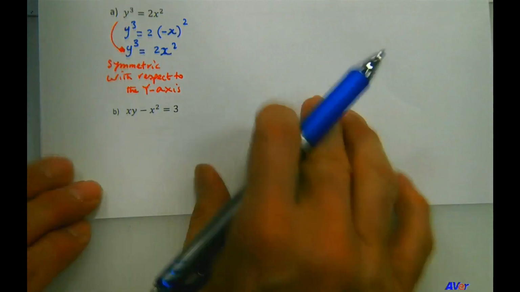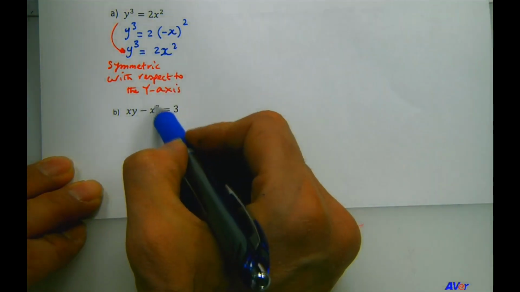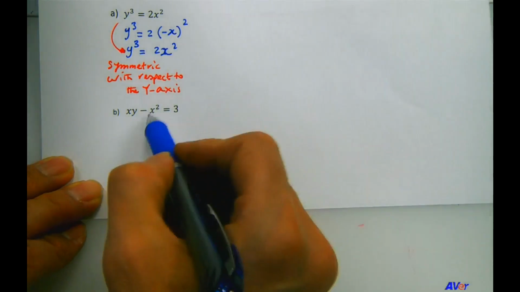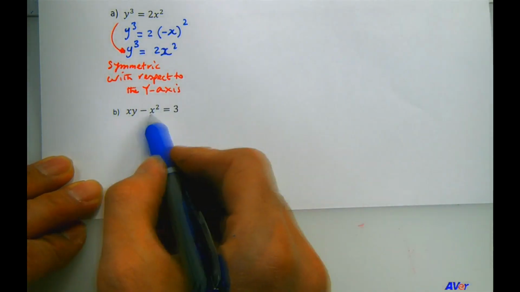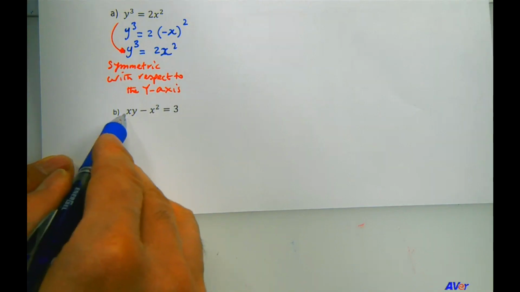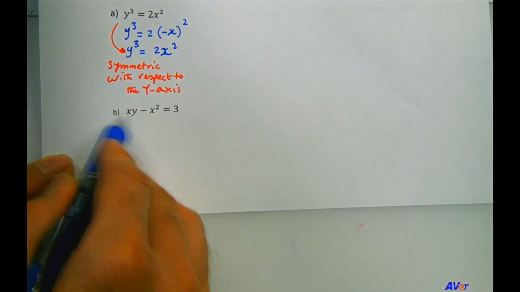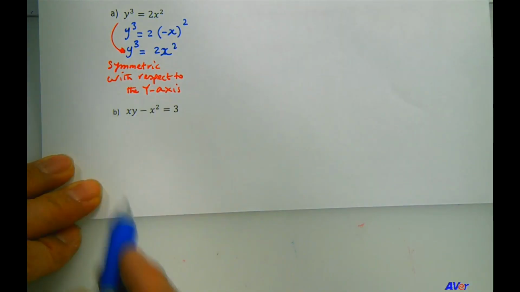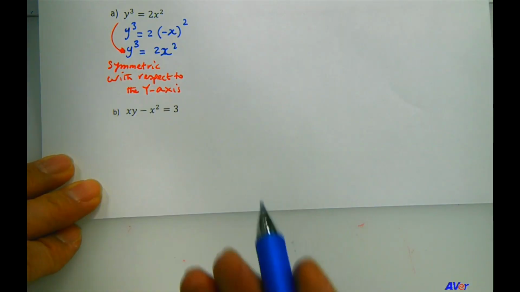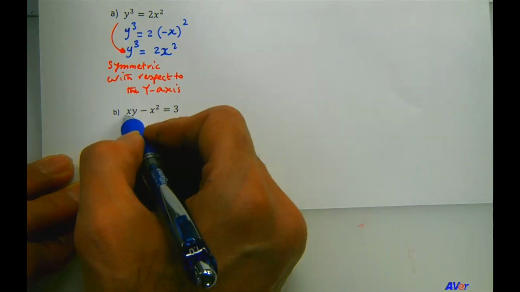I'm just visually plugging in negative x here, and obviously with this power 2, negative x is going to result in the same term, even if you plug negative x here. But you have another x here, and if you replace this with minus x, that's going to change the equation, so you're not going to get the same equation. One of the terms is even, the other term is not.